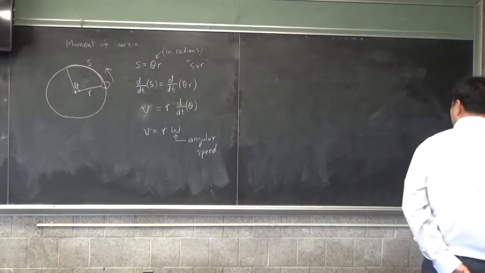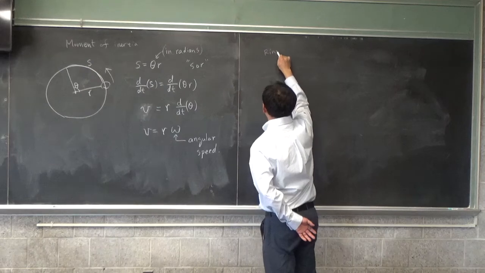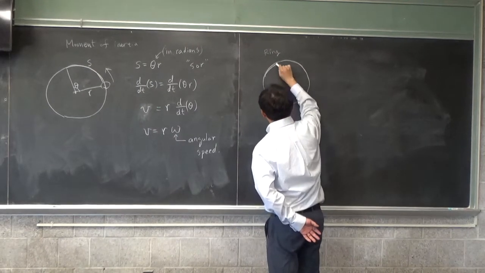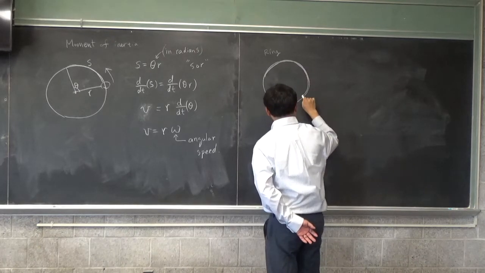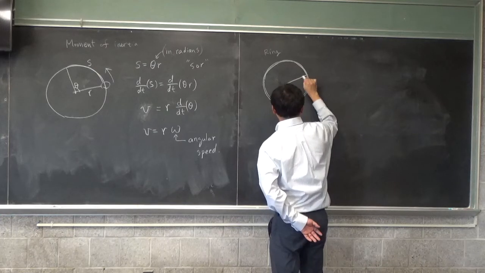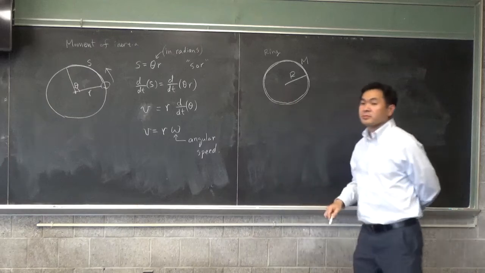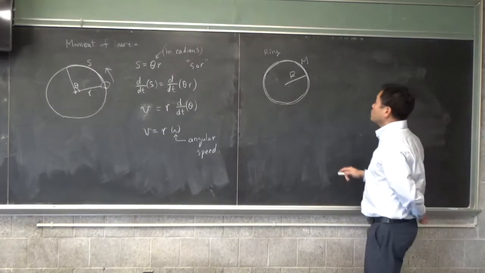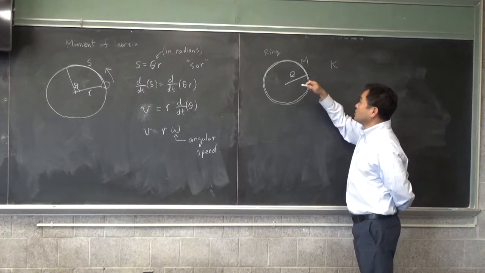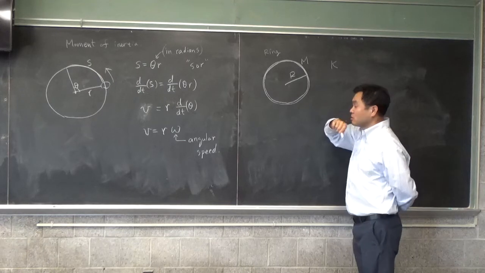Next thing I want to point out is, suppose you have a ring, and the ring is really thin. So it's a very thin ring of radius r and mass m. The question is, what is the kinetic energy stored in this ring if its angular velocity is omega?